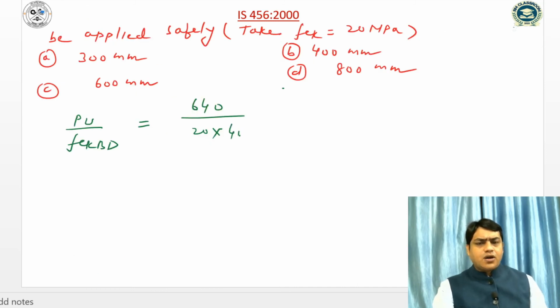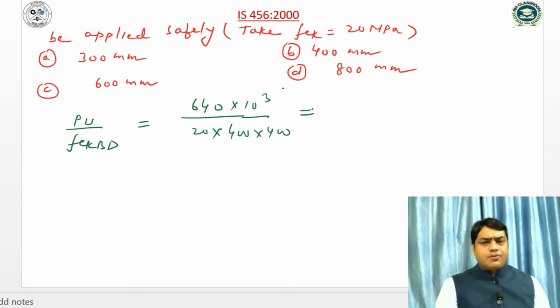If I convert to Newton, PU by FCK BD is 640 into 10 to the power 3 divided by 20 into 400 square. So it is coming 0.2.